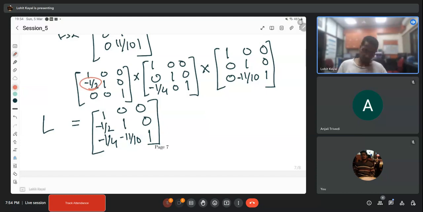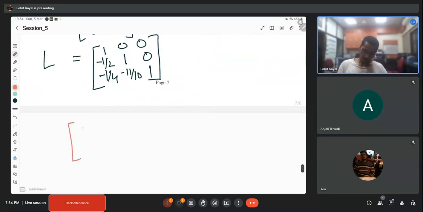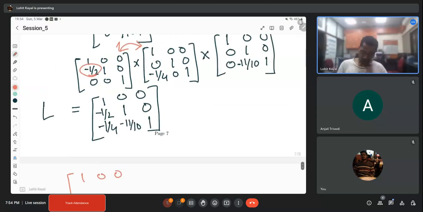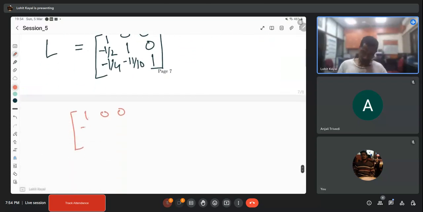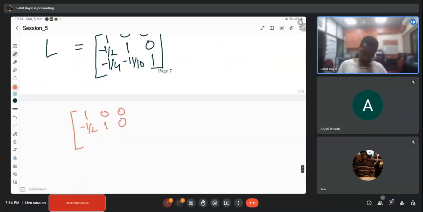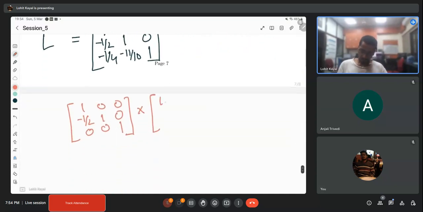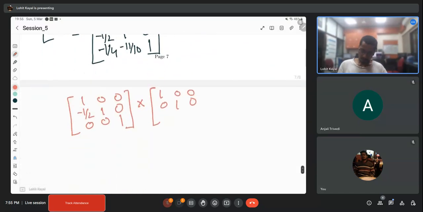We can verify it now. First let's multiply these two matrices: [1 0 0; minus half 1 0; 0 0 1] into [1 0 0; 0 1 0; minus 1/4 0 1].